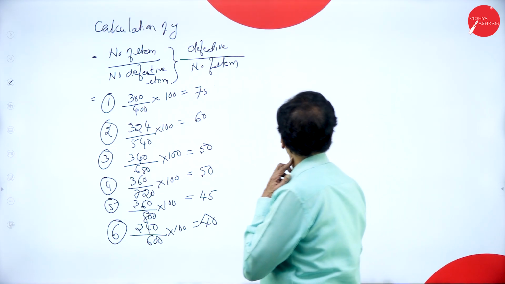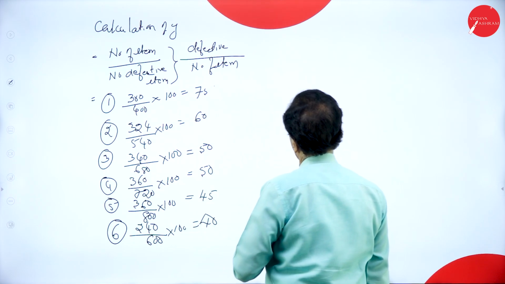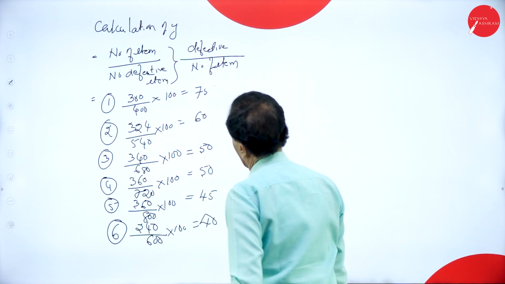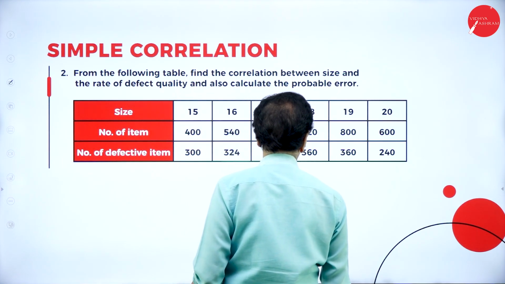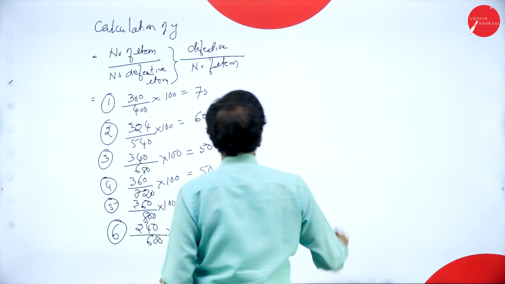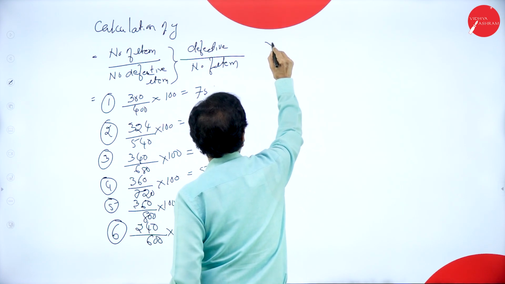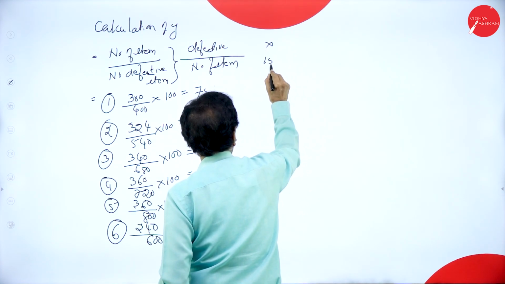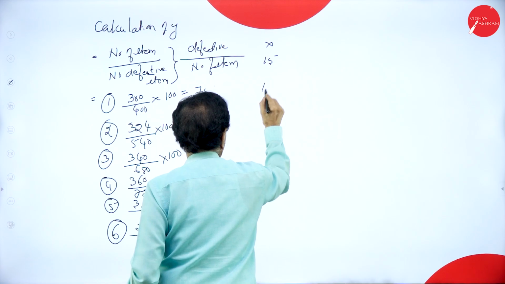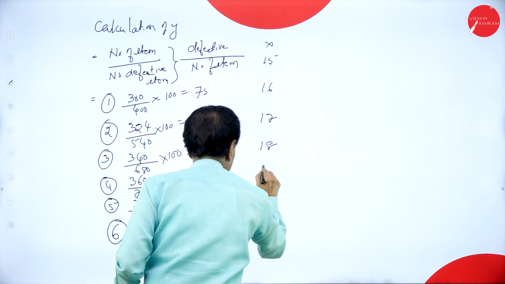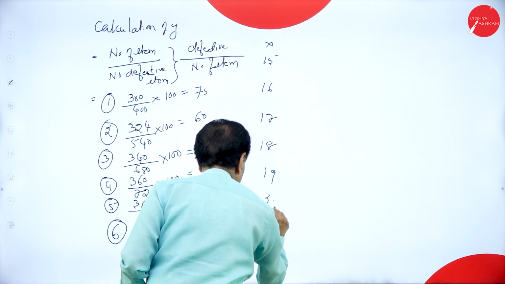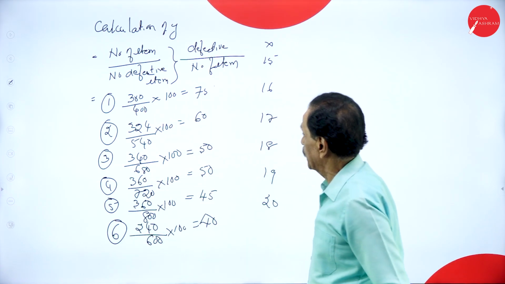So we'll go with the same procedure. First is x, then you go to y. What's your x value? Size 15, 16, 17, 18, 19, 20. So what's the step to do?